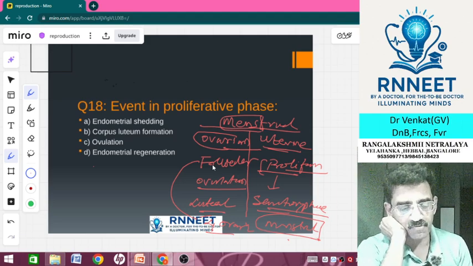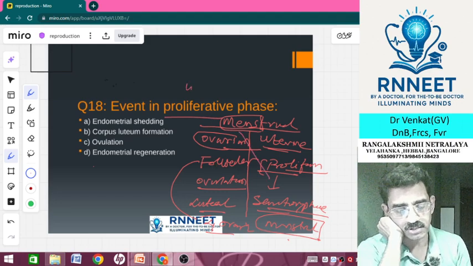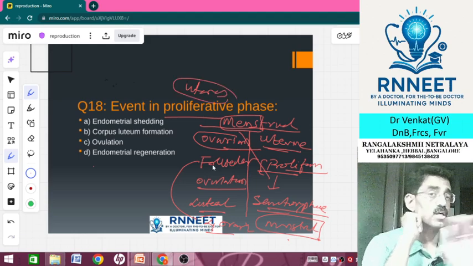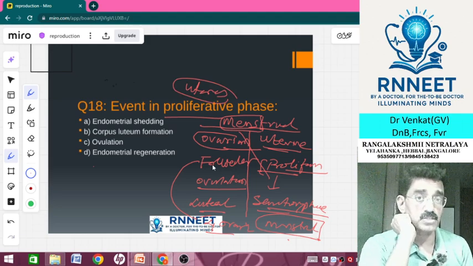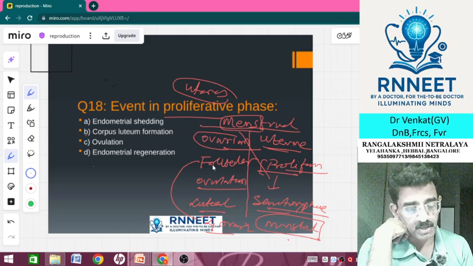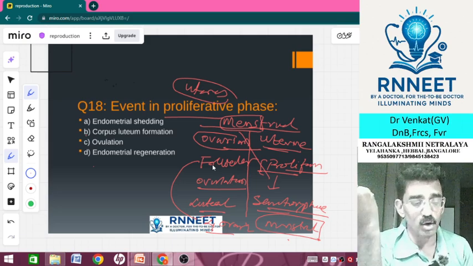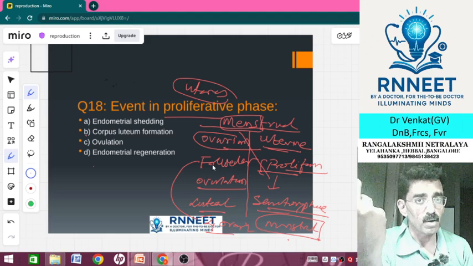Event in the proliferative phase means it represents the uterus. So think of what is going to happen to the uterus, not the ovary. Is there endometrial shedding? That takes place during menstruation. Corpus luteum formation is in the ovary, not in the endometrium. Ovulation, again in the ovary.